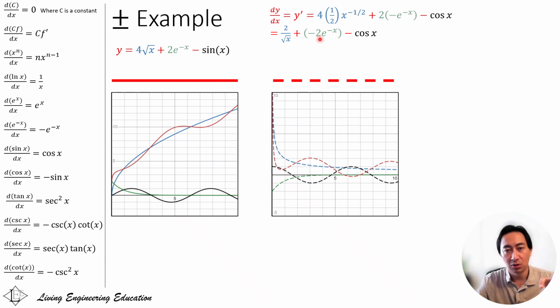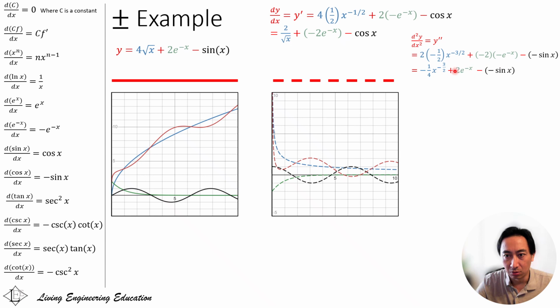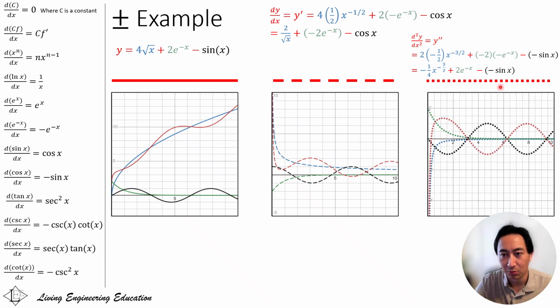We treat negative 2 as the constant. The derivative of e to the negative x will be negative e to the negative x. And then minus cosine x. The derivative of cosine x is just negative sine x. So we'll have negative 1/4 x to the negative 3/2 plus 2 times e to the negative x minus negative sine x, or you could think of this as plus sine x, but I graphed it as a separate piece.